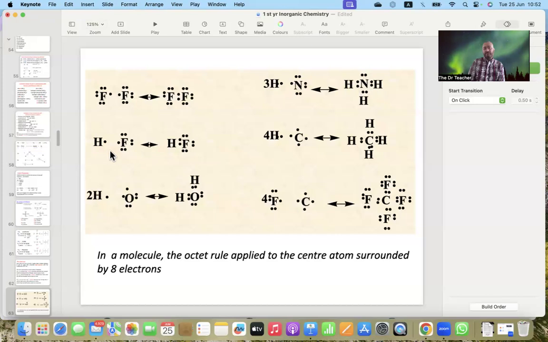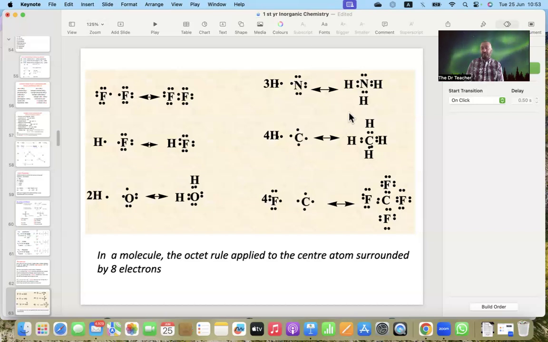HF: the fluorine can take 1 electron from hydrogen to make a single bond, and then the outer shell of the fluorine becomes 8 electrons, octet rule, stable. Carbon with 4 hydrogens: carbon has 1s2, 2s2, 2p2, atomic number 6, so it has 4 single electrons.